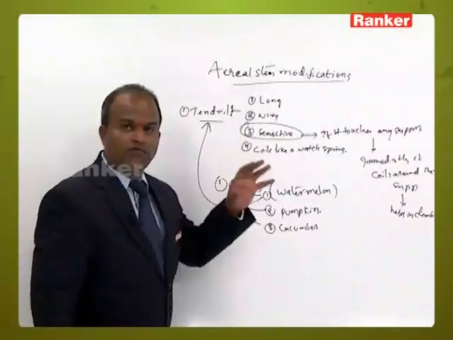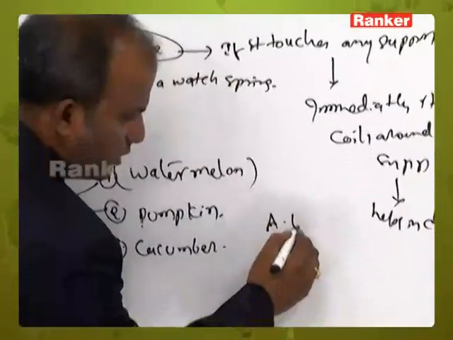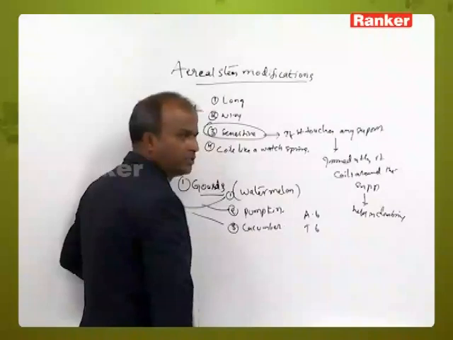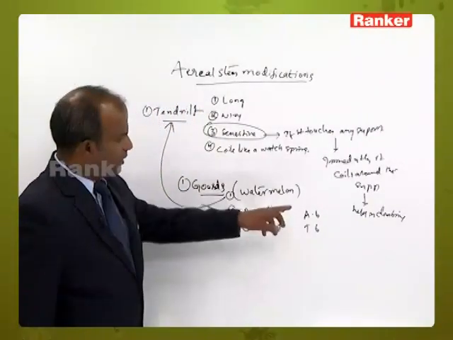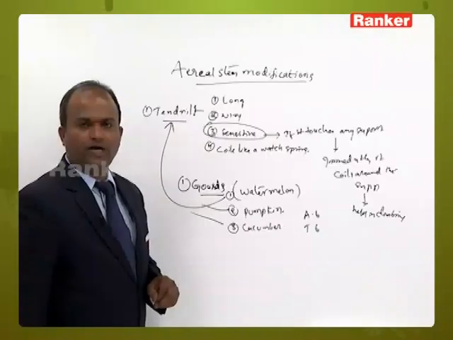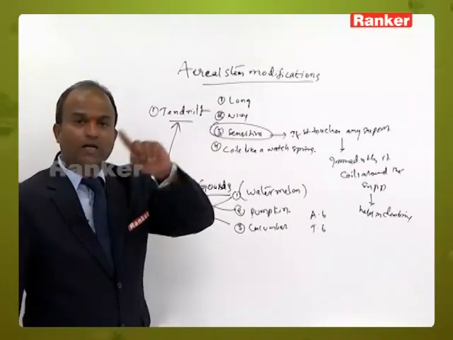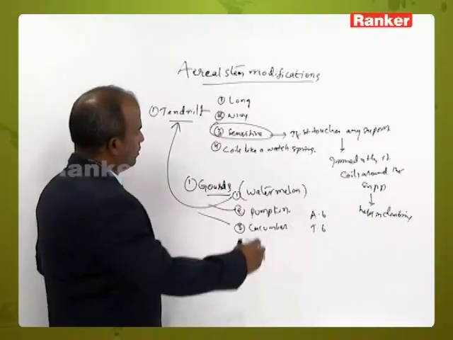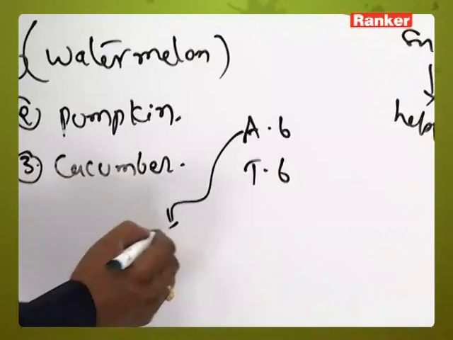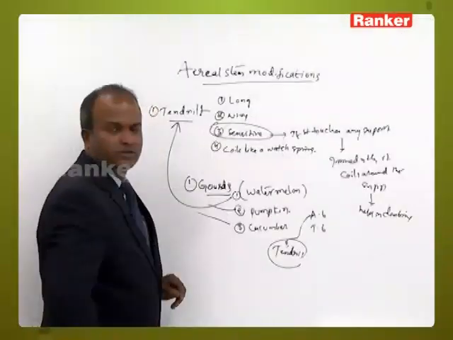But which one is modified into a tendril here? Is the axillary bud modified into a tendril, or is the terminal bud modified into a tendril? In these three plants, the axillary bud is modified into a tendril.